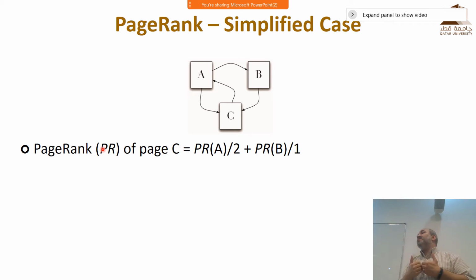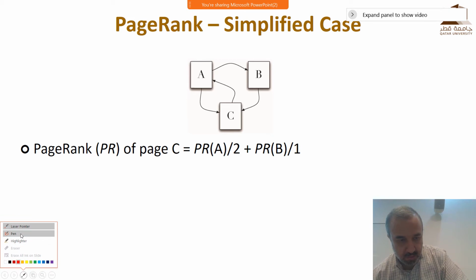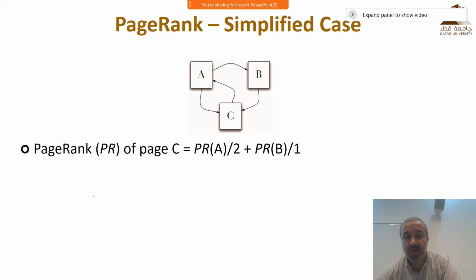How can we generalize this? We saw this on a very small example, but I think we can easily generalize it. We can say that the PageRank of node X, in general, is a summation over what first?